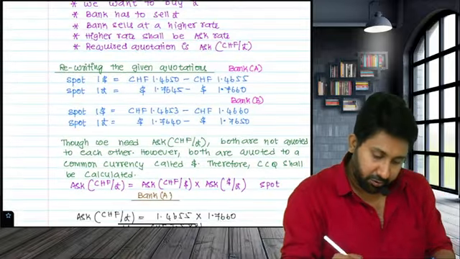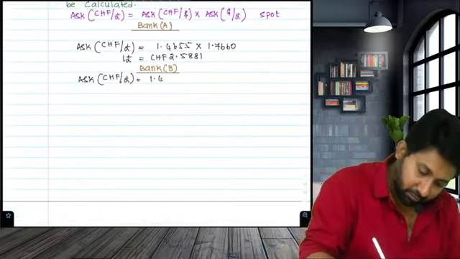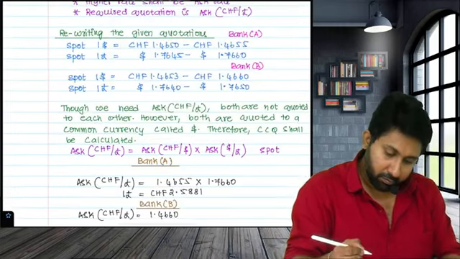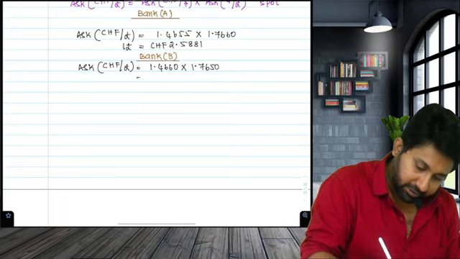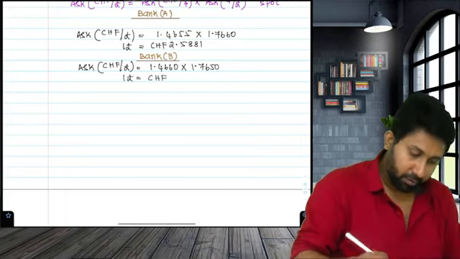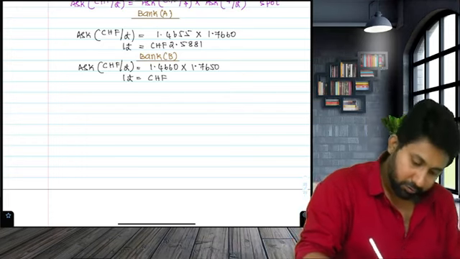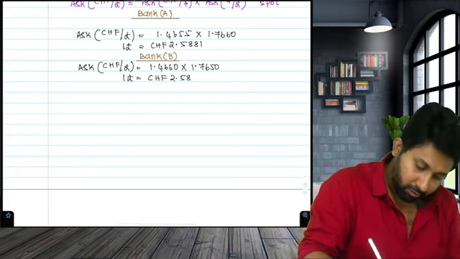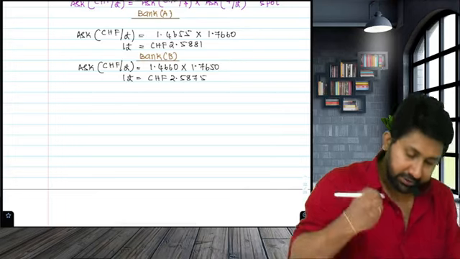For bank B, CHF by pound equal to 1.4660 into 1.7650, which is 2.5875.